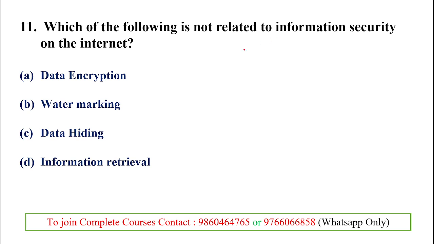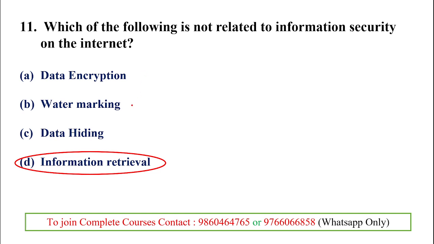Then the next one is: which of the following is not related to information security on the internet? The one not related to information security is information retrieval. Here, data encryption: we know what data encryption is. We can convert the data into other special characters or numbers, so it makes the data more secure.